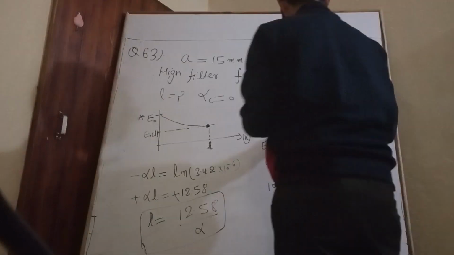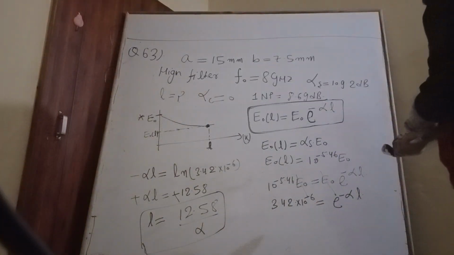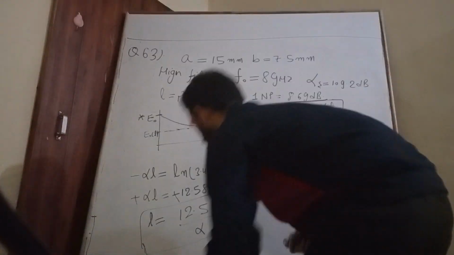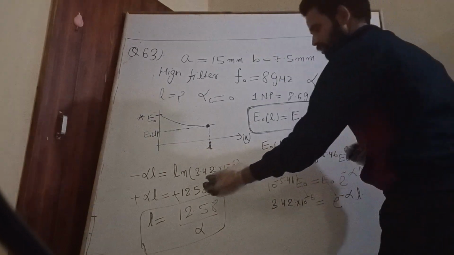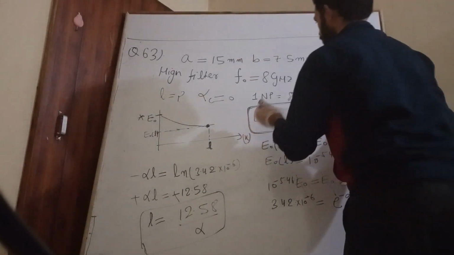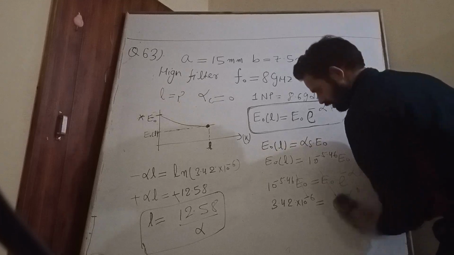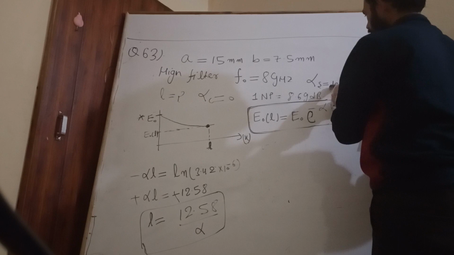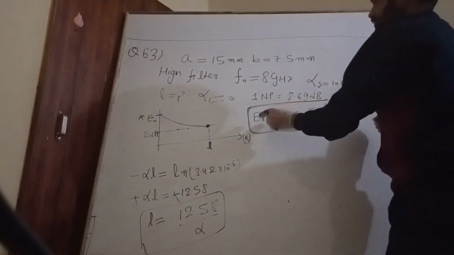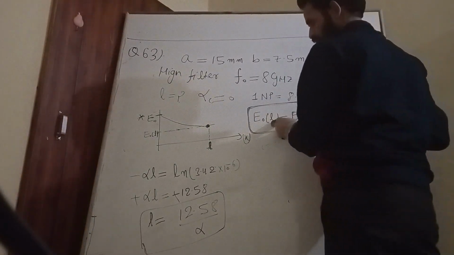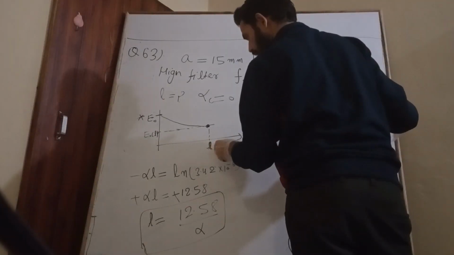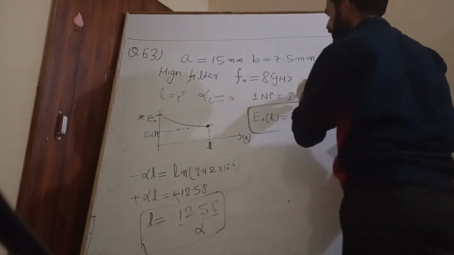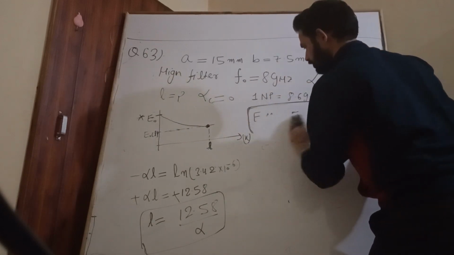Alpha is the attenuation factor, by which the strength of the signal gets reduced at a distance of L at this operating frequency, 8 gigahertz. First we want to calculate this, and after that we will come to the solution for the length of the filter.